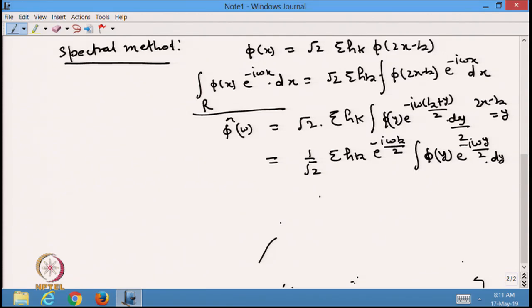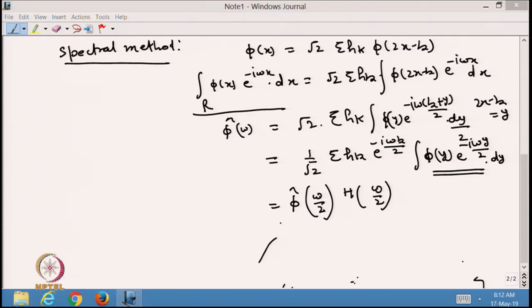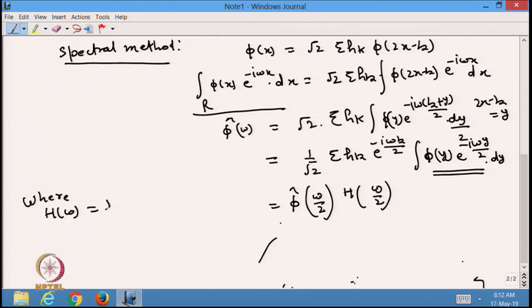Clear to everyone? I am denoting this again as phi hat omega by 2, and this function I am denoting as h omega by 2, where h omega is given by this formula.